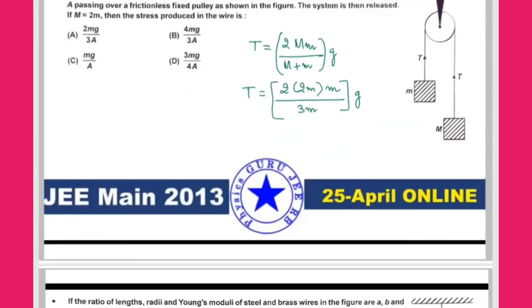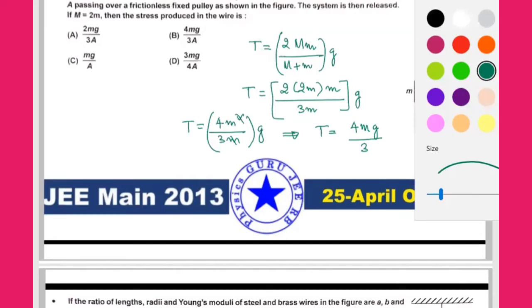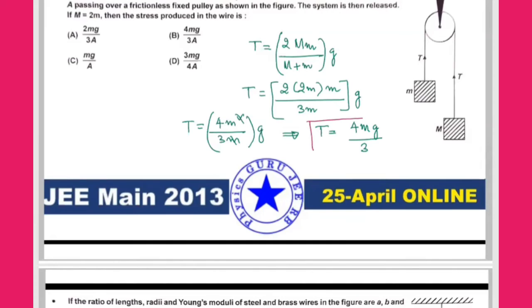So T equals 2 into 2 is 4m squared divided by 3m into g, and m and m get cancelled. Then we get the tension T equal to 4mg divided by 3, right? This is the tension in the string. Hope this is clear.